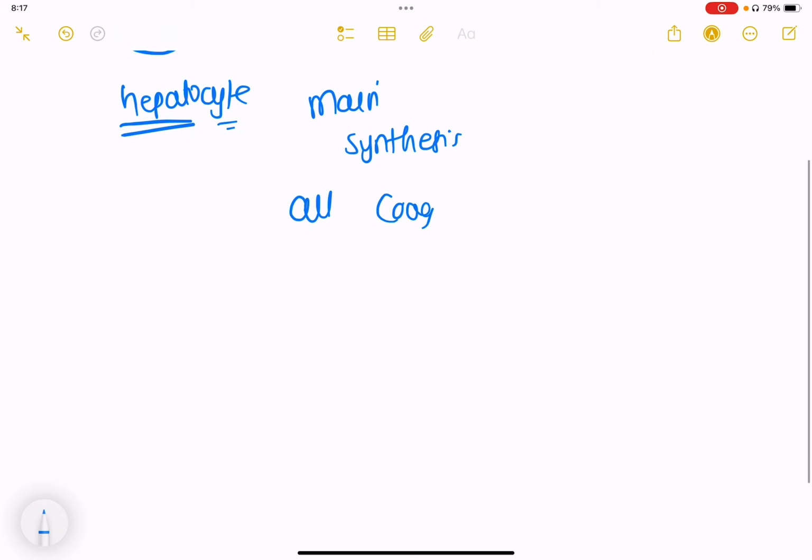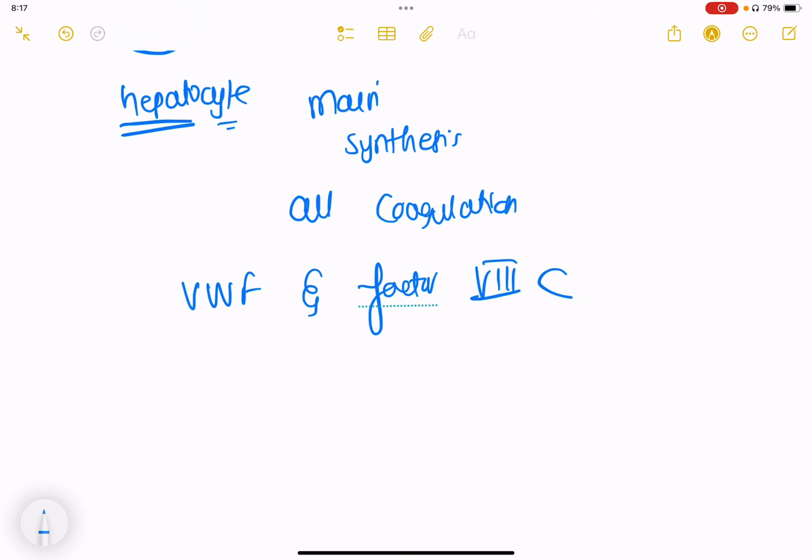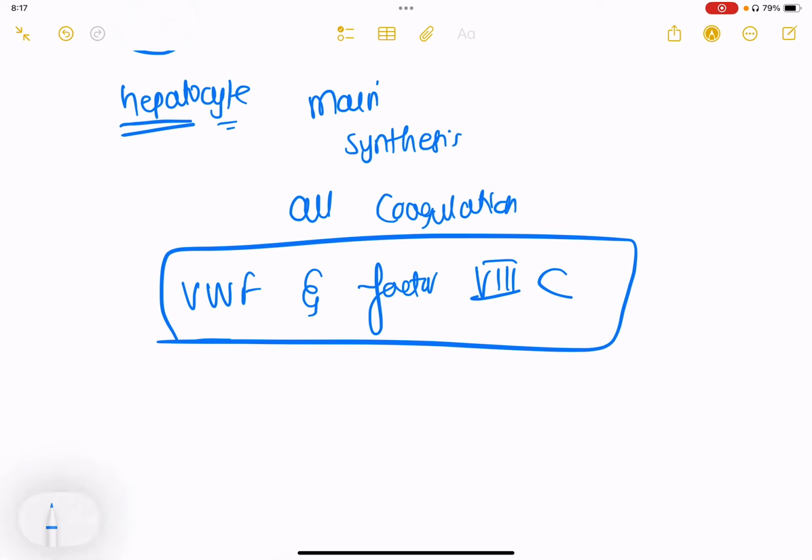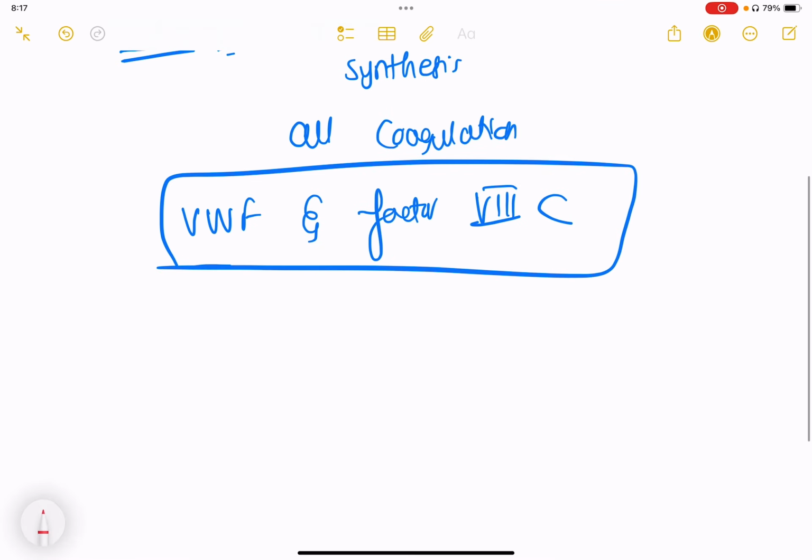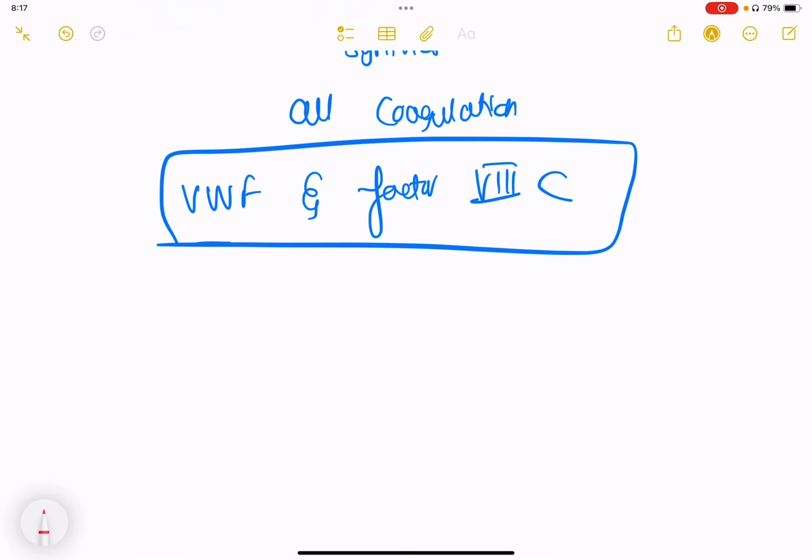So it produces all the coagulation factors except von Willebrand factor and factor 8C. These two factors are not synthesized by the liver. Otherwise, all the clotting factors, all the coagulation factors, are synthesized by the liver.